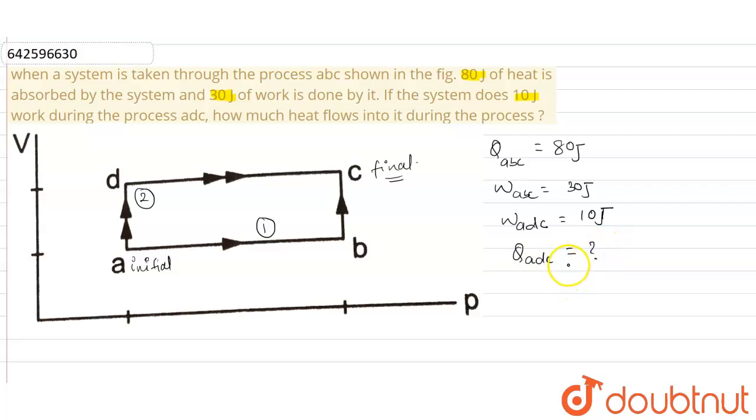So the basic concept we will use here is that of path function and point function. As we know, internal energy is what? A point function. Correct.